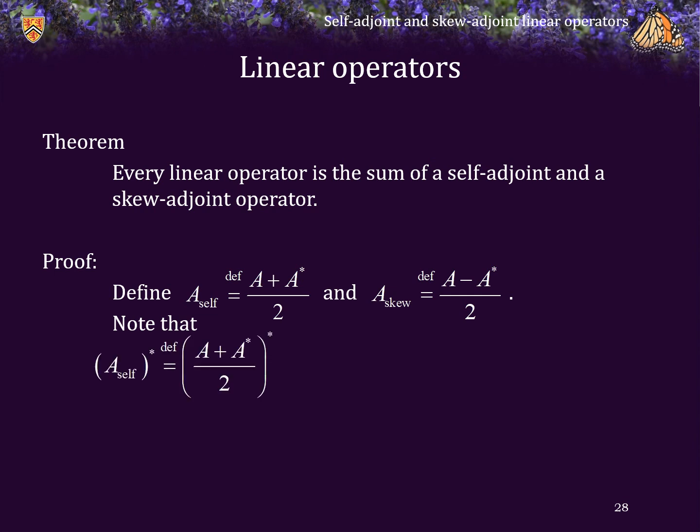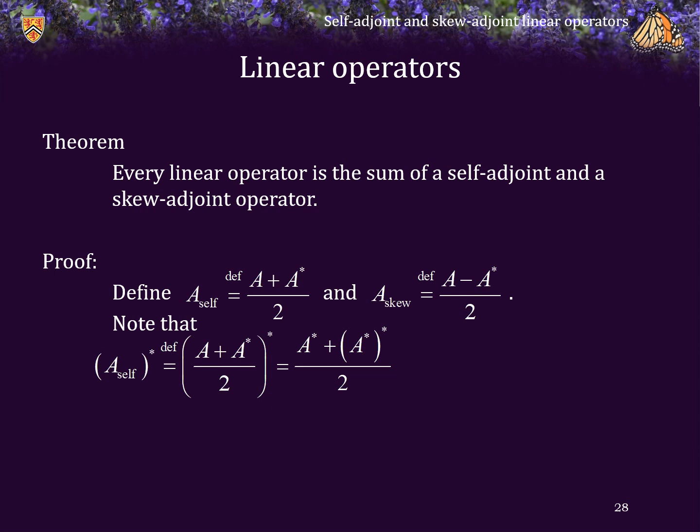Note that if I take the adjoint of the self-adjoint component of A, well, that's just the adjoint of this sum of two operators, all over 2. But the adjoint of a sum is the sum of an adjoint, and the 2 can come out. So that's equal to this expression here.